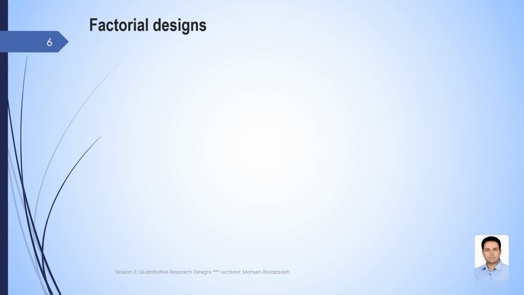In fact, most outcomes in research are likely to have several causes that interact with each other in a variety of ways that cannot be identified through the use of two-group or one-group experimental designs. Therefore, we use factorial designs.